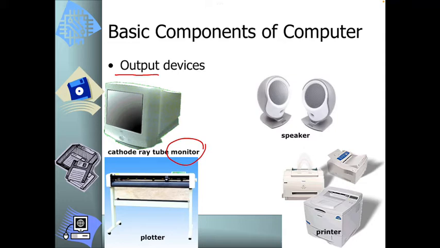Other than monitor, for example, we have speakers and also printer, and we also have plotter, which is actually similar to a printer. I believe that you can name others other than what we have here.